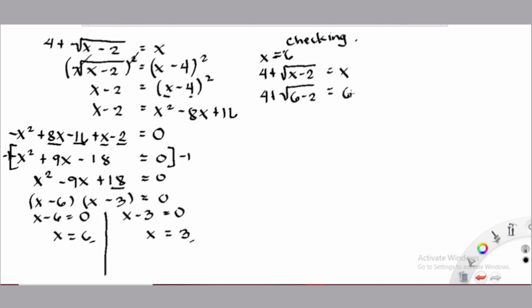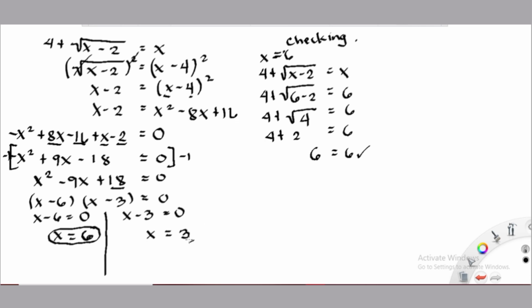Is it equal to 6? Let's first do what is inside the radical sign. 6 minus 2 is 4. The square root of 4 is 2. So this will be written as 4 plus 2. Is it equal to 6? 4 plus 2 is 6, which is equal to 6. Therefore, x equals 6 is a correct solution to our equation.